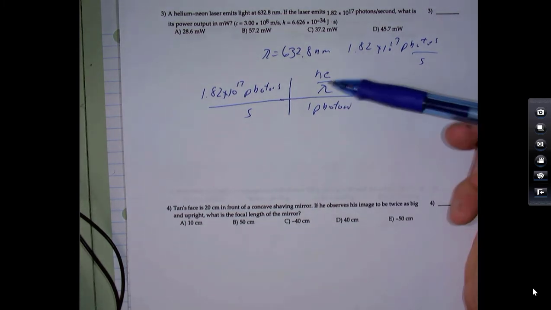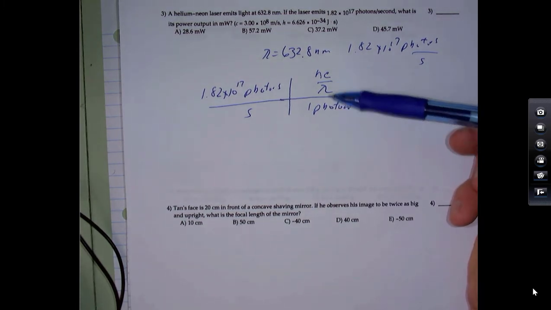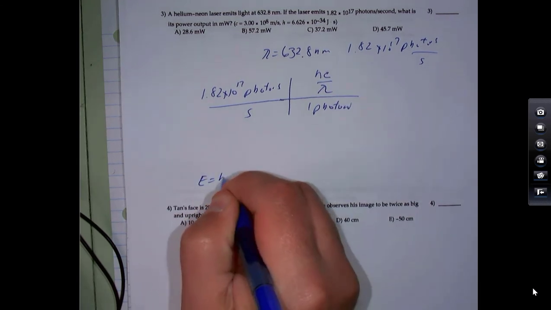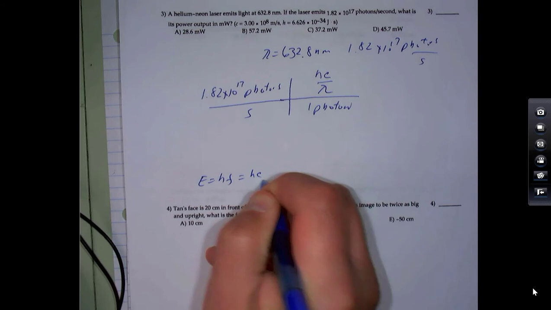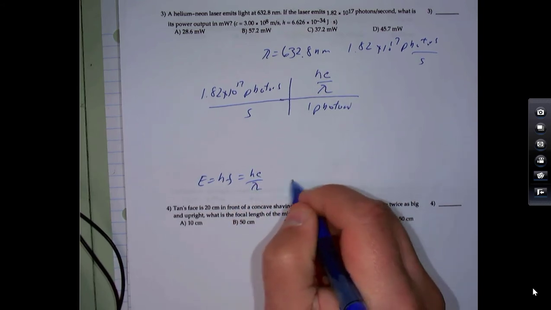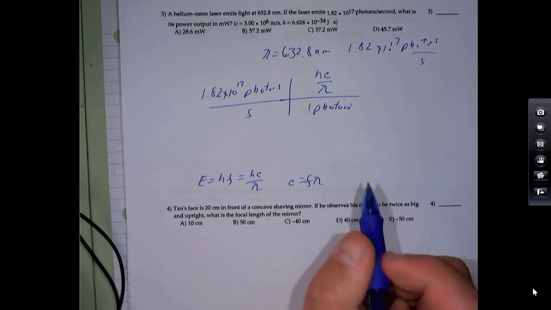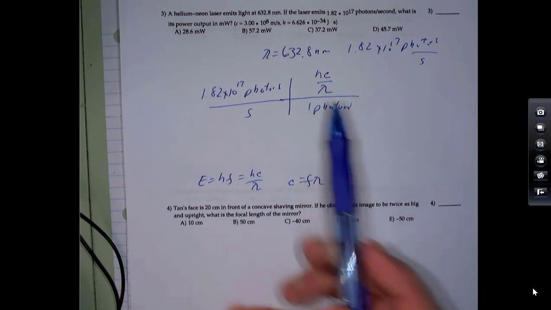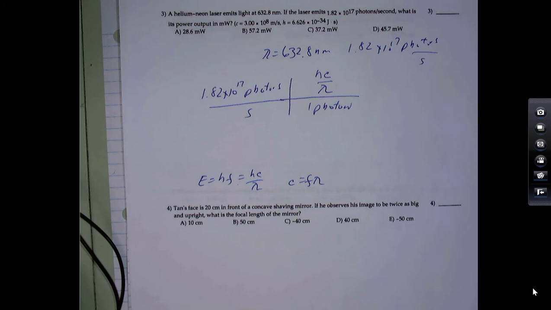Maybe I should have written energy per photon, but that's what this is. Energy is h times f, or hc over the wavelength, right? Because the speed of light is the frequency times the wavelength. So if you want, you can figure out the energy right away and just put it in here. Maybe that would be a cleaner way to do it, actually. Let's try it that way.